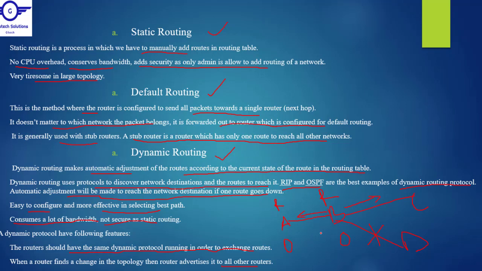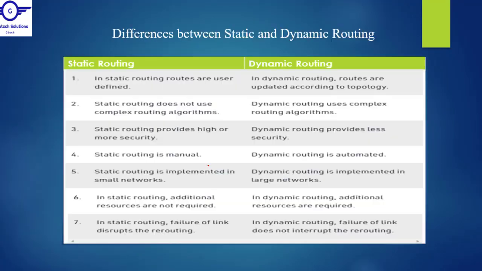Okay guys, I hope you understand the three types of routing protocols, the three categories: static, default, and dynamic. Okay, let's see what we have next. The differences between static and dynamic routing.